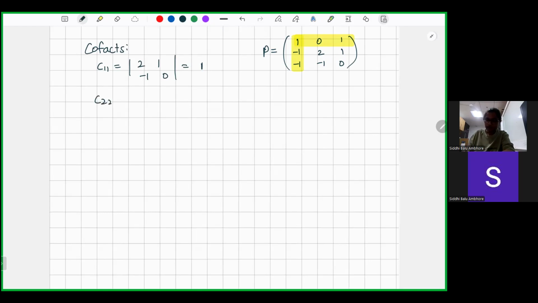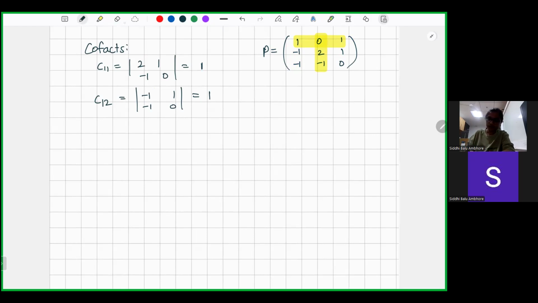C12: removing this row and column, the determinant of -1, -1, 1, 0 is 1.